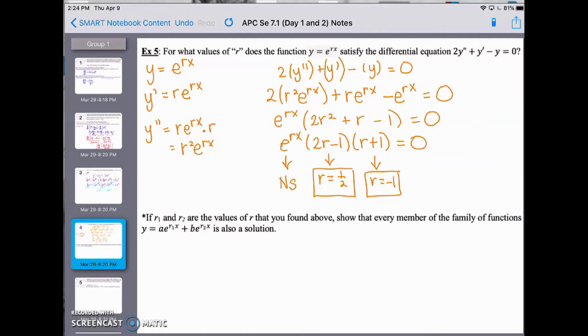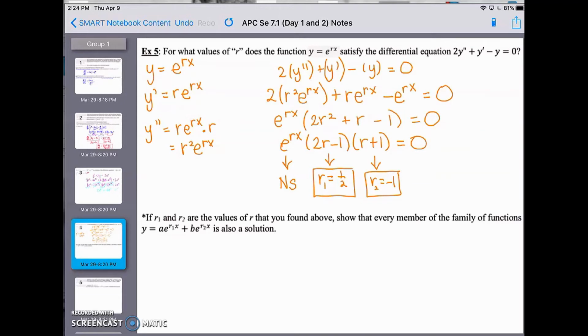However, there is a part B to this problem, which says that if r1 and r2 are the values of r that we found above, we need to show that every member of the family of functions y equals a e to the r1 x plus b e to the r2 x is also a solution. So I'm just going to call this 1/2 here r1, okay? And I'm going to call this negative 1 r2.